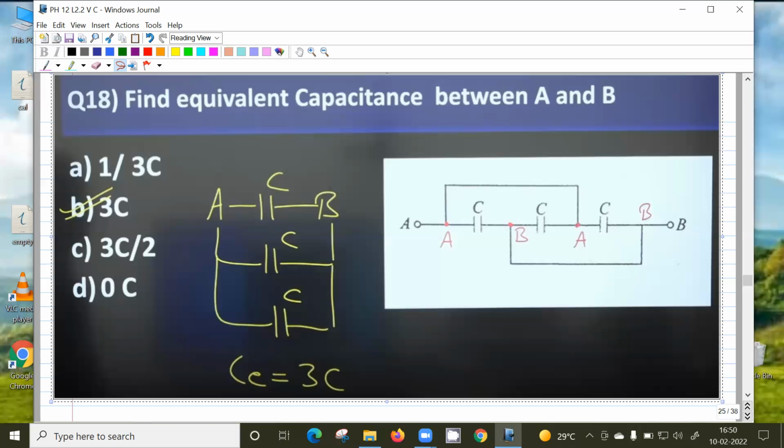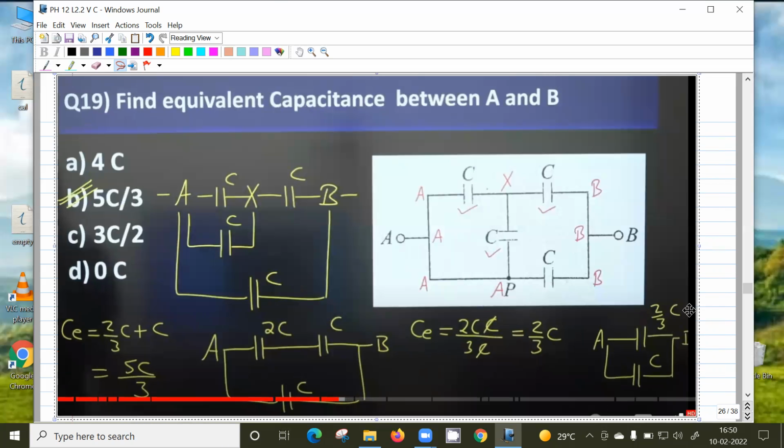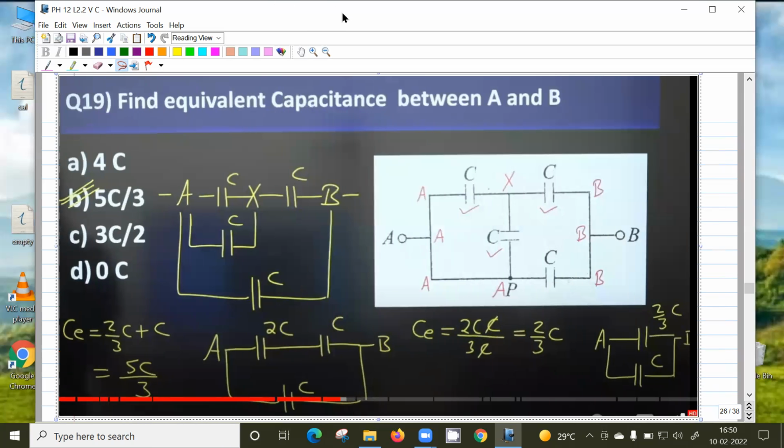Clear? Yes, sir. Okay. This one, find the equivalent capacitance between points A and B. Here also you just have to see this point is same as this point.